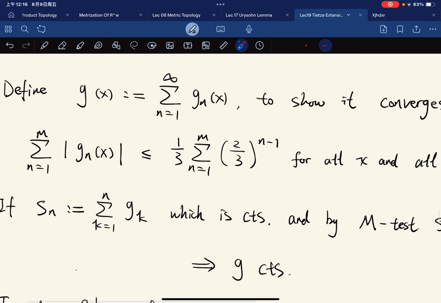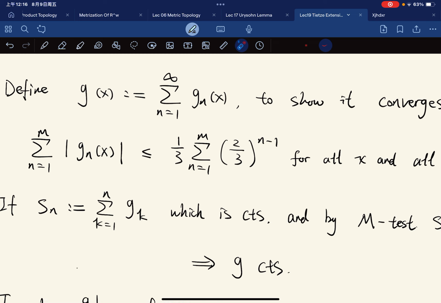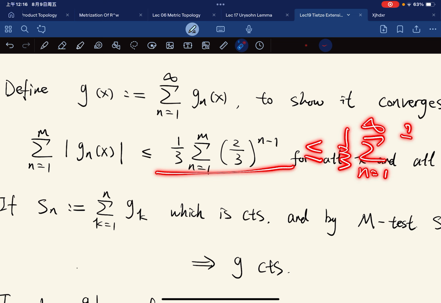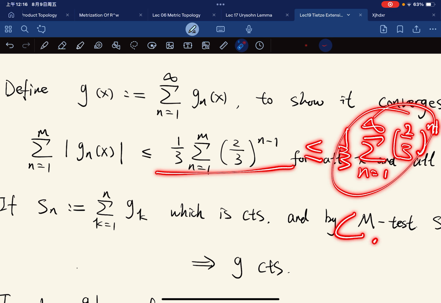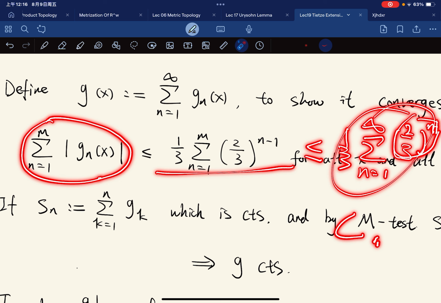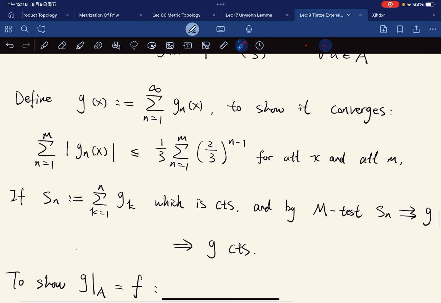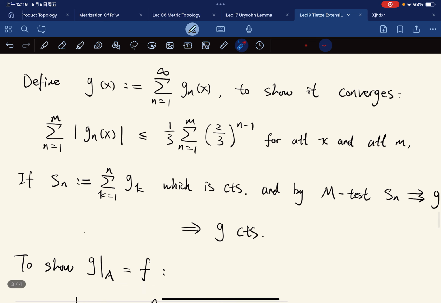I mean, by comparison test, we can estimate it is less than 1/3 of the series of (2/3)^(n-1). But this is a constant, because it is a geometric series, so it converges. It is monotone and bounded, so it converges. So this converges for all x.